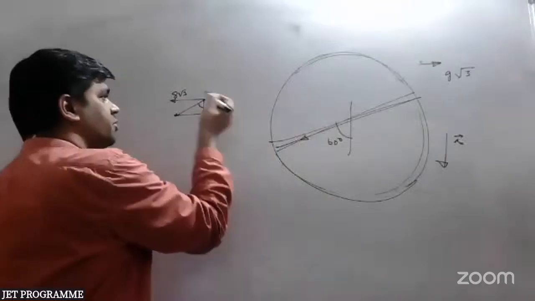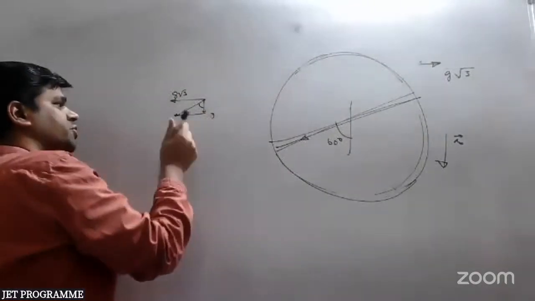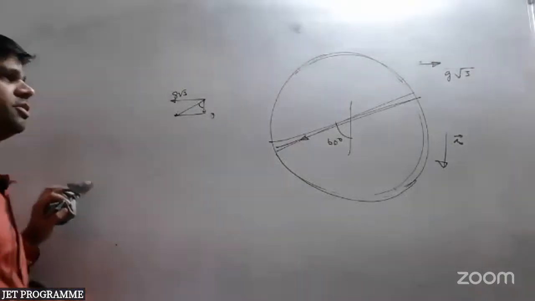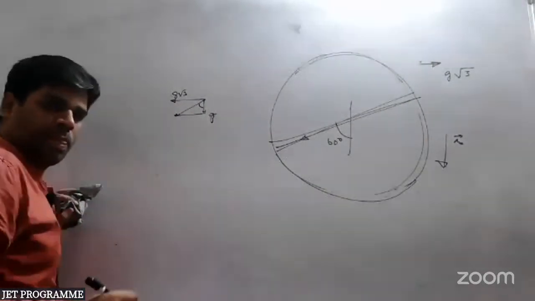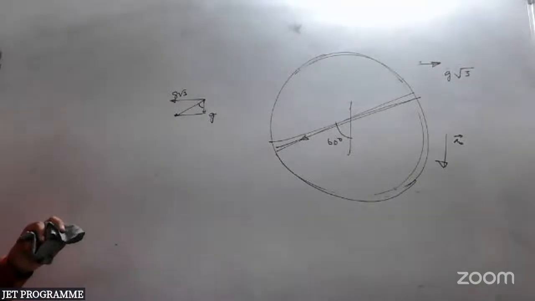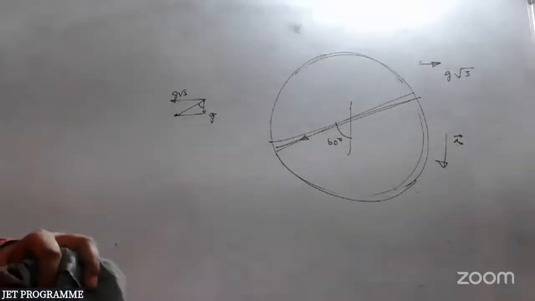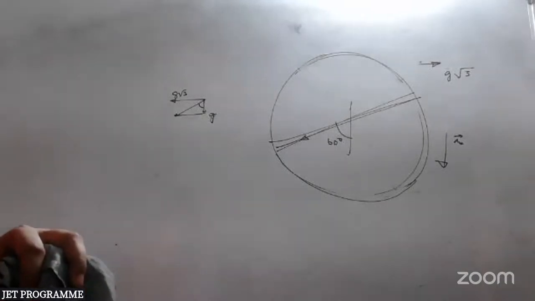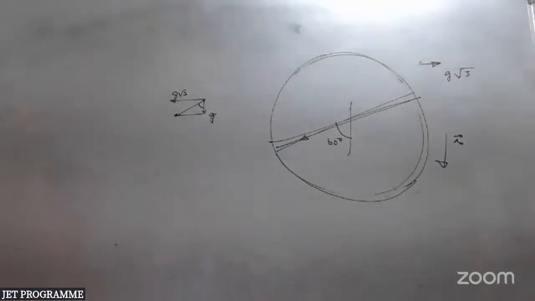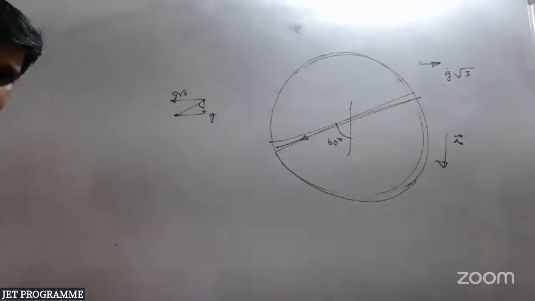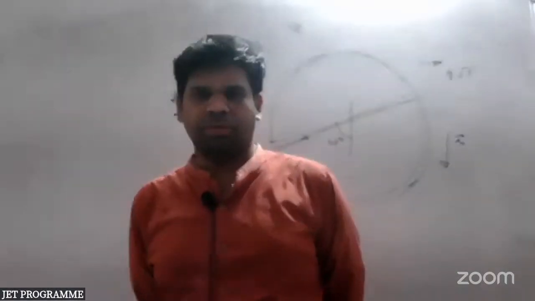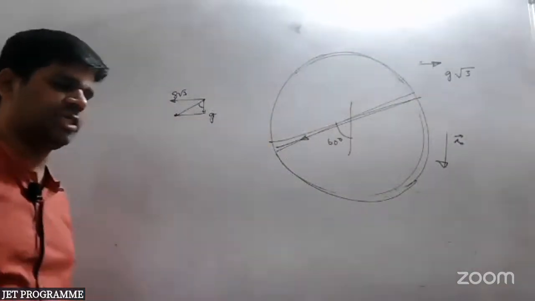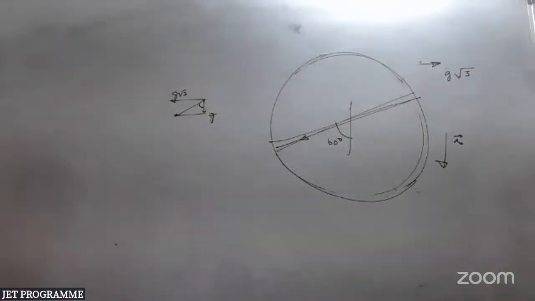Why is it so? Because g root 3 leftward, g downward. So the resultant of these two is, how much is the resultant of these two, students? What is the resultant of g root 3 and g at an angle of 90 degrees? How will you find the resultant of these two vectors?